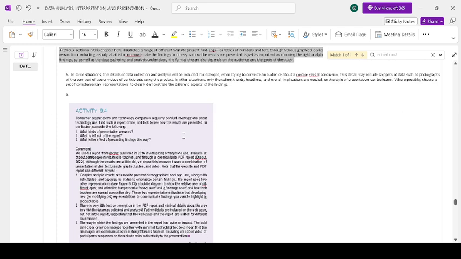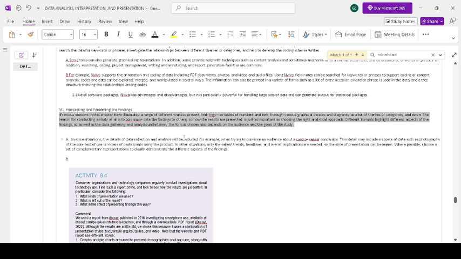Interpreting and presenting findings. Previous sections in this chapter have illustrated a range of different ways to present findings: as tables, numbers, and text, through various graphical devices and diagrams, as a set of themes or categories, and so on. The reason for conducting a study at all is to communicate findings to others.